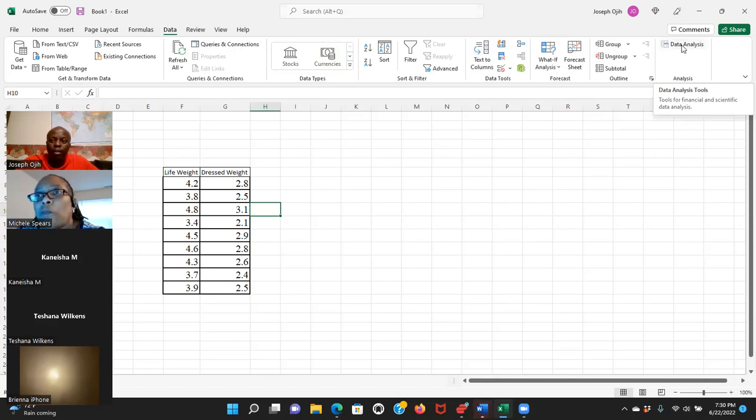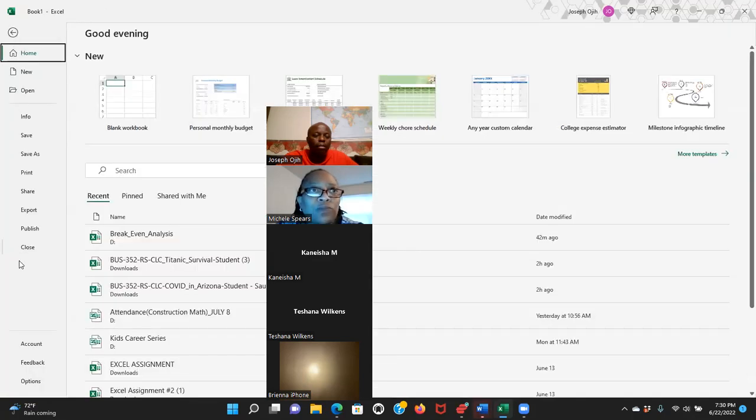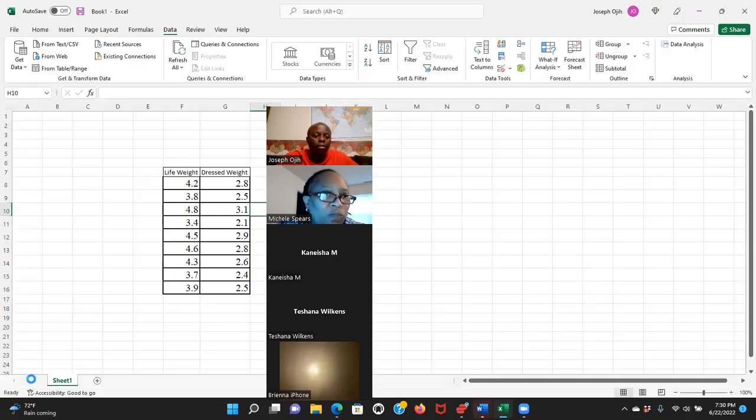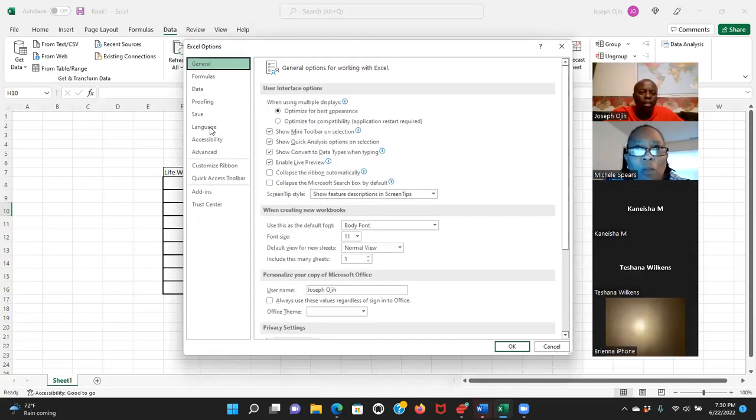If you don't have it on your computer, you have to add it by yourself in your Excel. How do we do that? You click on File, click on Options. You can see what you have. Add-ins.